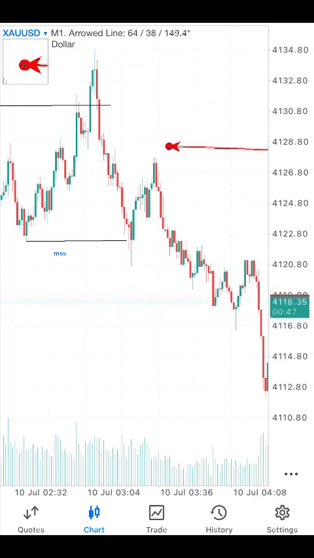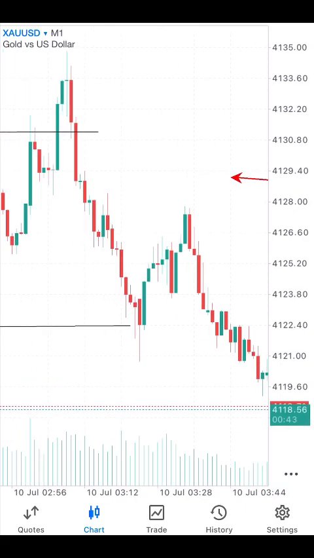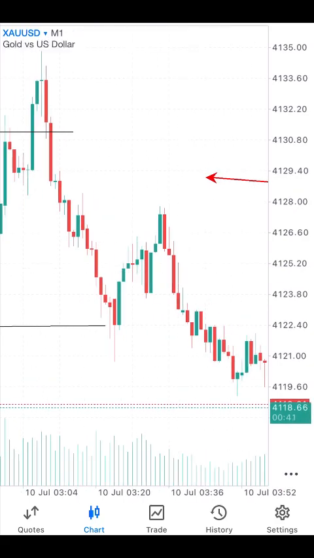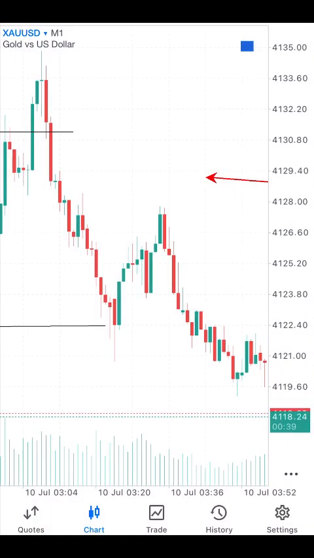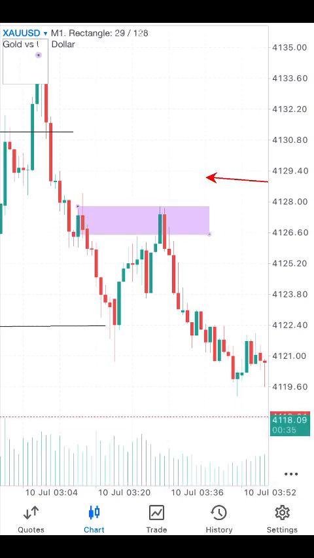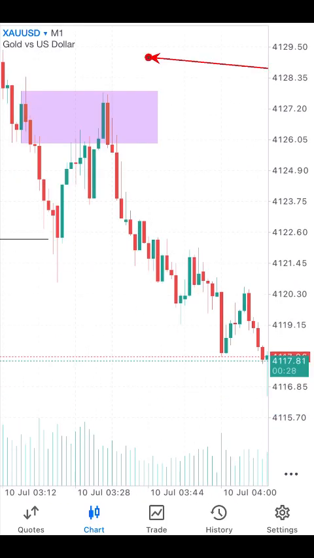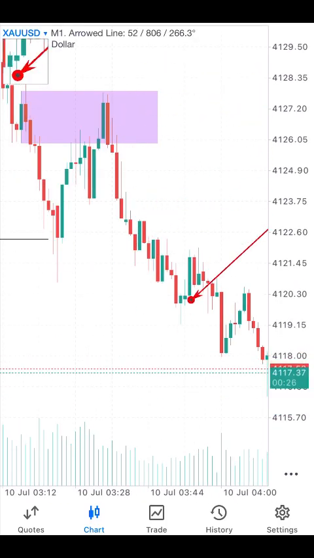Then price pushed up, and then it actually acknowledged and bounced off an order block, right? This one, boom, and there you go. And then it started pushing down and going down and down, down, down.